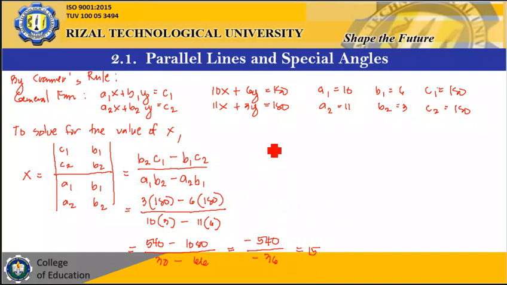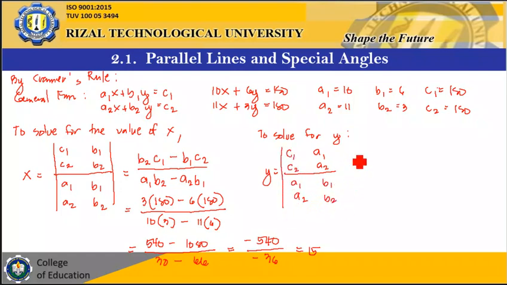Next, for the value of y, to solve for y, so we're going to use the formula y is equal to let's have here c sub 1, c sub 2, a sub 1, a sub 2 all over a sub 1, a sub 2, b sub 1, b sub 2.